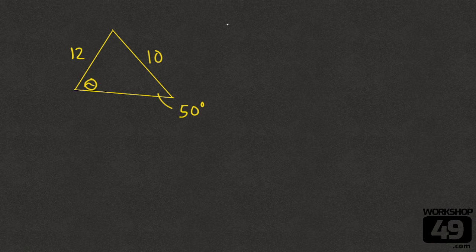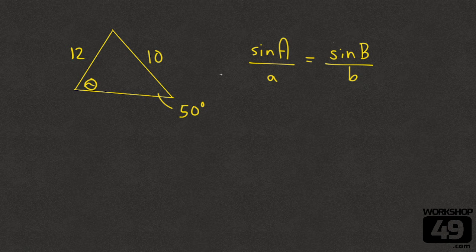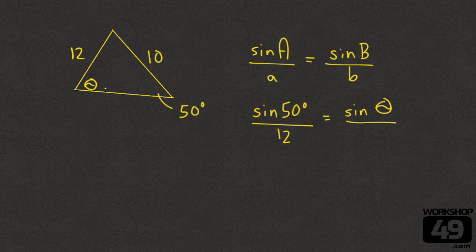We do! Because we're solving for an unknown angle, we can write our law of sines as the sine of angle A divided by a is equal to the sine of angle B divided by b. We first find our matching side and angle. So it is the sine of 50 degrees divided by 12, and it will equal the sine of our unknown angle, theta, divided by its opposite side, 10.